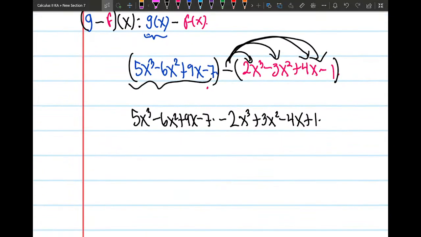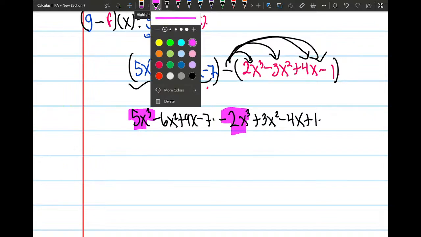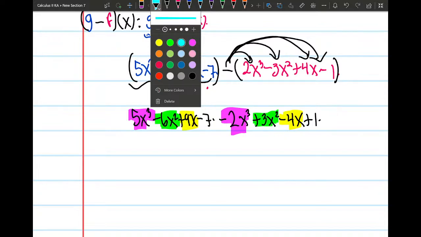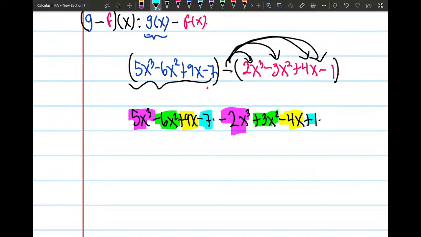So then we combine our like terms again, right? We have 5x cubed, negative 2x cubed. We also have negative 6x squared, 3x squared. We also have 9x, negative 4x. We also have negative 7 and positive 1. So 5x cubed minus 2x cubed, that's going to be 3x cubed.